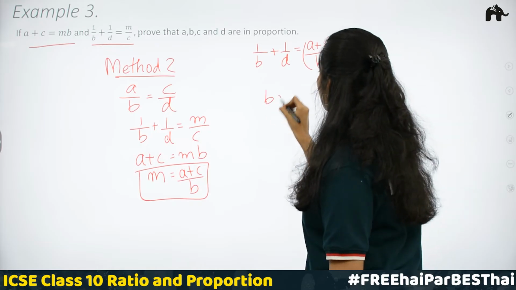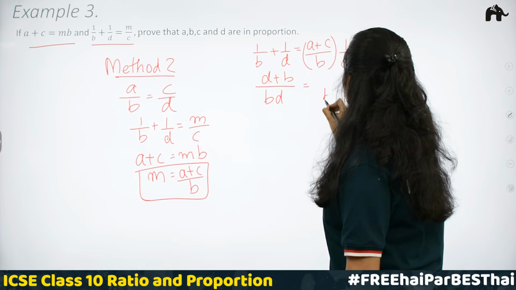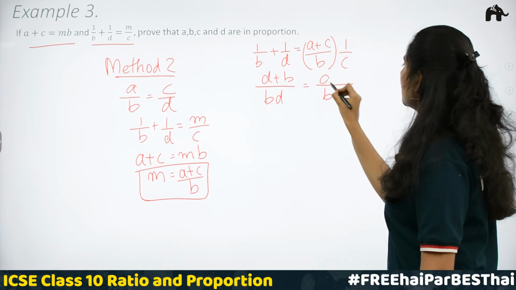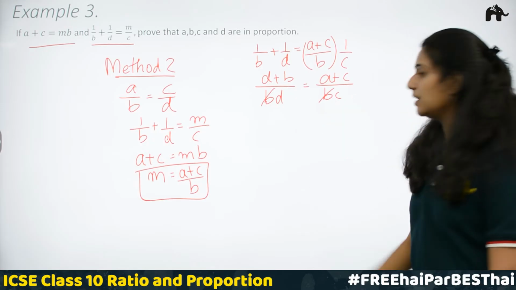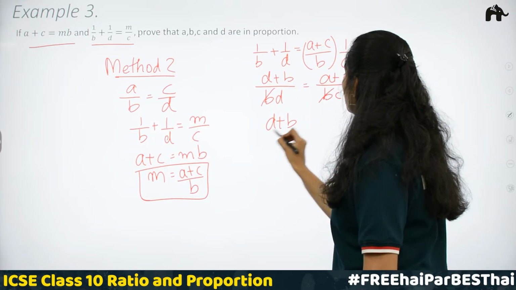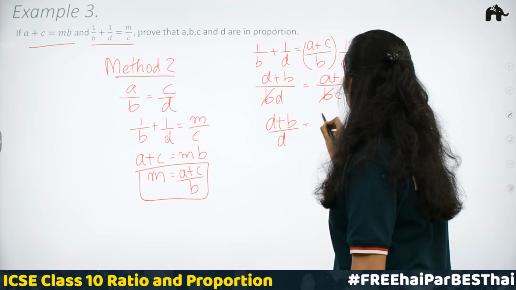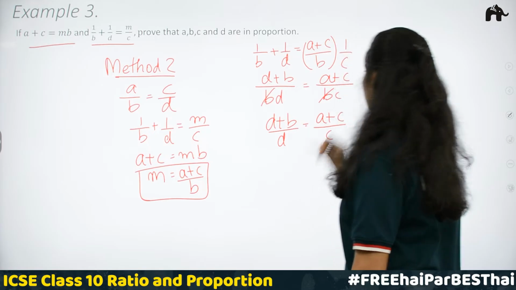Here it is BD, numerator D plus B. On this side, BC, numerator A plus C. Here we have a B, here we have a B which can be cancelled. D plus B by D is equal to A plus C by C.